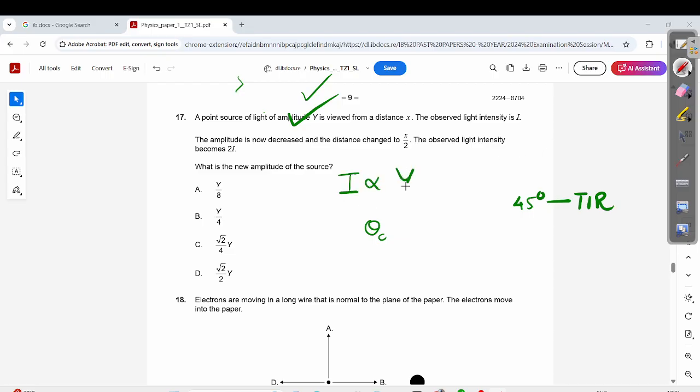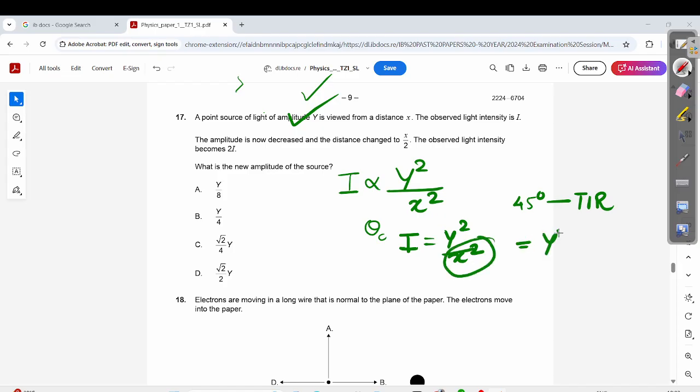I is proportional to y square by x square, because we know light intensity I is proportional to the square of the amplitude y and inversely proportional to the square of the distance. Given initial intensity I is equal to y square by x square. Now set up the distance as x by 2.